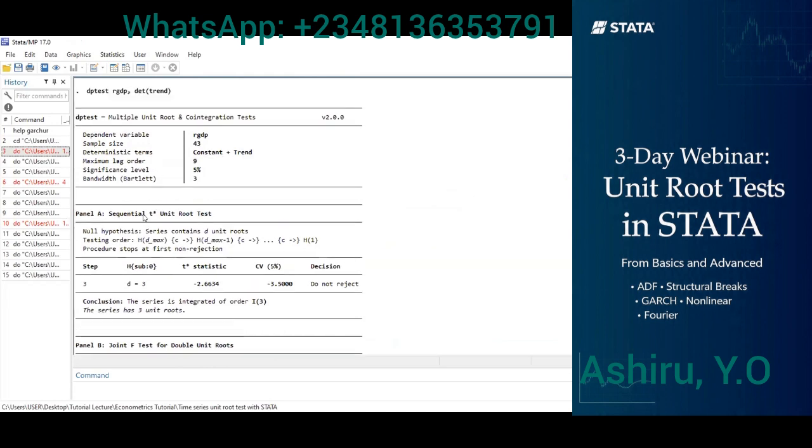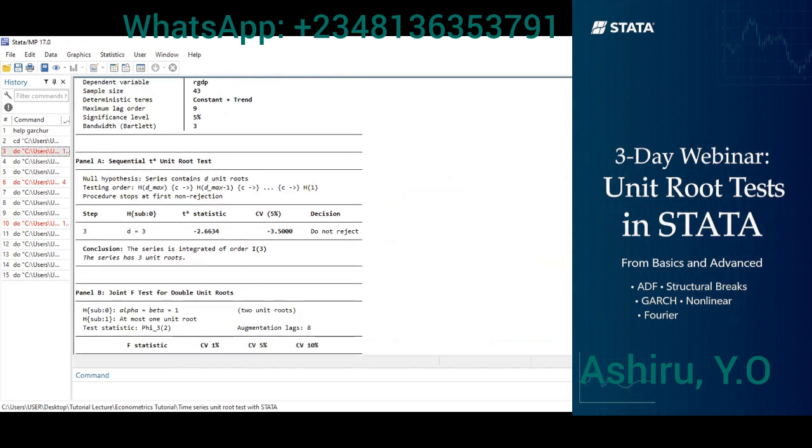We have a sequential test, that is the Pantula test. You can see here what it tests: that the series is integrated of order 3. It even starts from 3, that the series has 3 unit roots, that is, we need to difference this series 3 times before it can be stationary. So this hypothesis is not rejected.